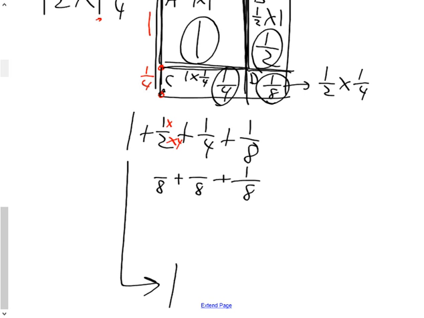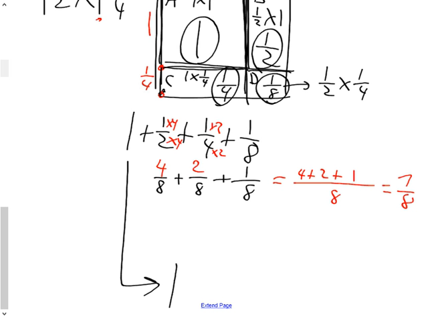Well, 2 times 4 is 8, so 1 times 4 is 4/8. A quarter is equivalent to what fraction? 2/8. And 1/8. Now that I have 3 equivalent fractions that share the same denominator, my rule for adding fractions is keep your denominator and add your numerators to give you the final answer of 7/8.